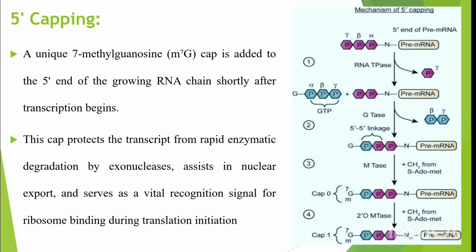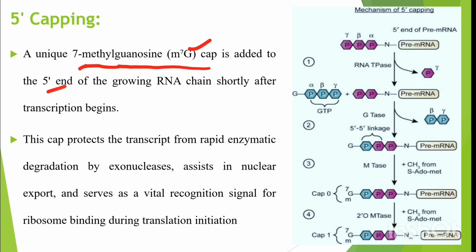So at first, what is 5' capping? 5' capping means a cap is attached to the 5' end of the newly formed mRNA after transcription. Which cap? It is the 7-methyl guanosine cap.